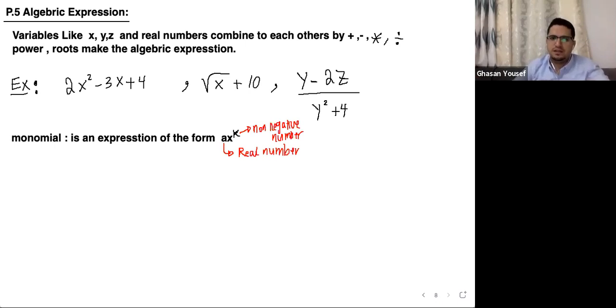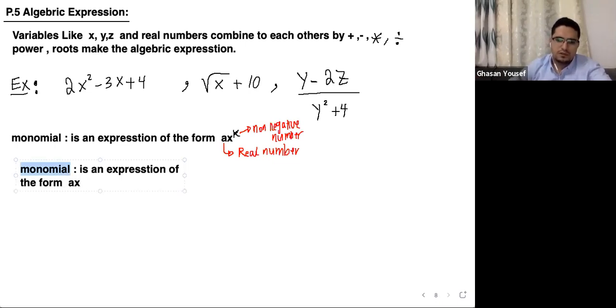Now the second definition is called binomial. The binomial is similar to a monomial, but the difference is that here we have two terms.